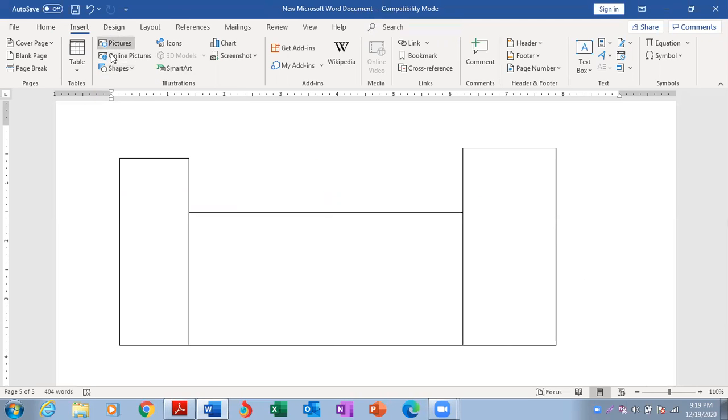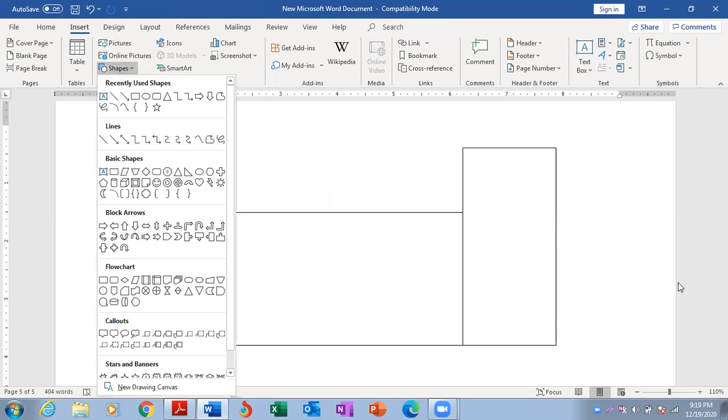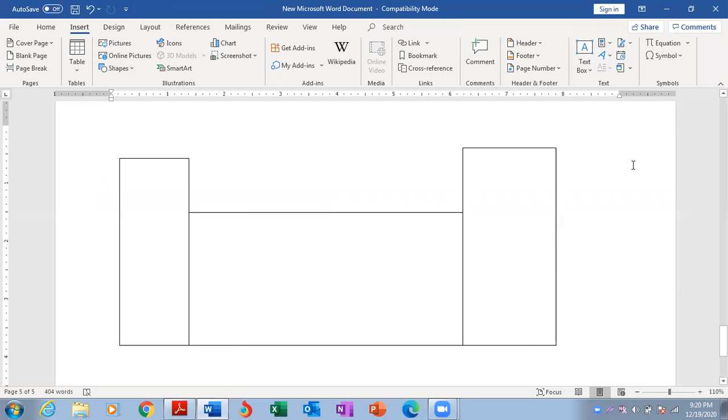This is the basic periodic table. Why is it called the periodic table?